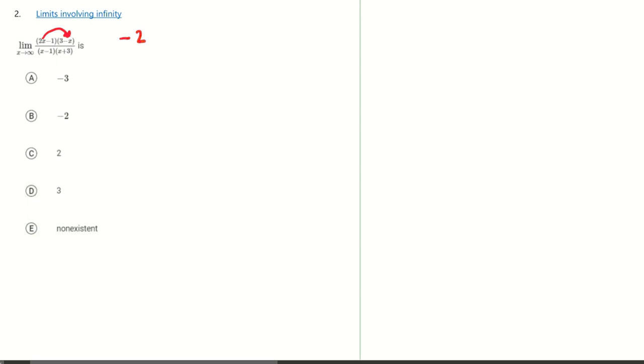That would be negative 2x squared, plus some other stuff, because all that matters is the coefficients of x squared in the numerator and the denominator. And then in the denominator, I'm going to have x squared plus 2x minus 3. So I know that the ratio of the leading coefficients is going to be negative 2 over 1, and that would be that limit.